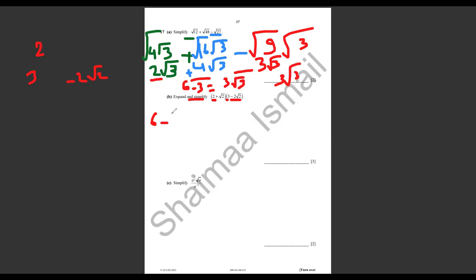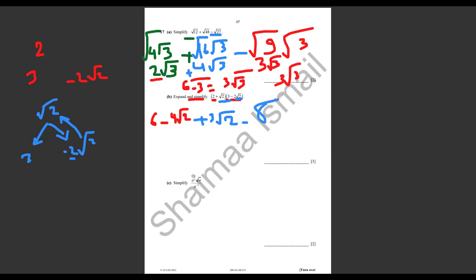Then the next step, we take the root 2, multiplying 3, and multiplying negative root 2, and root 2 multiplying 3, multiplying negative 2. Here plus 3 root 2, minus root 2 times root 2 is 2, 4 multiplied by 2 minus 8.